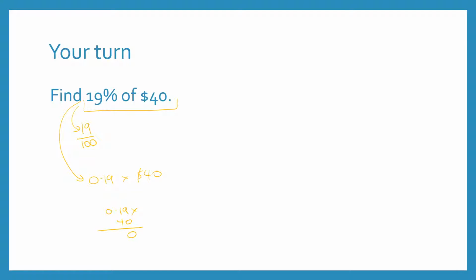Remember we put our 0 at the end because we have a 0 here. Then we go 4 9s is 36. 4 1s is 4 plus the 3. We get 7. 4 zeros is 0. We have our two decimal points here, so we want 2 here. So we end up 19% of 40 is going to be $7.60.